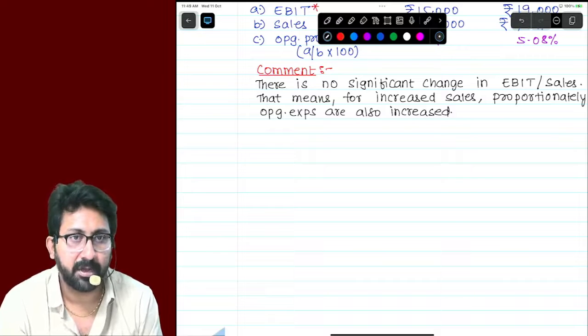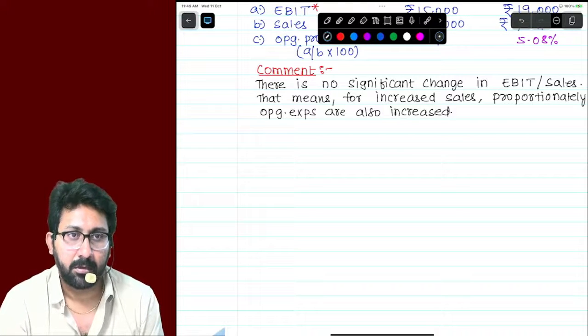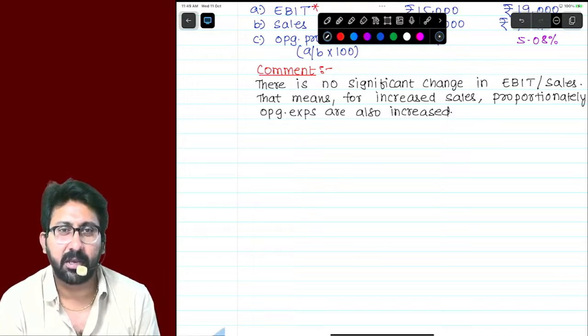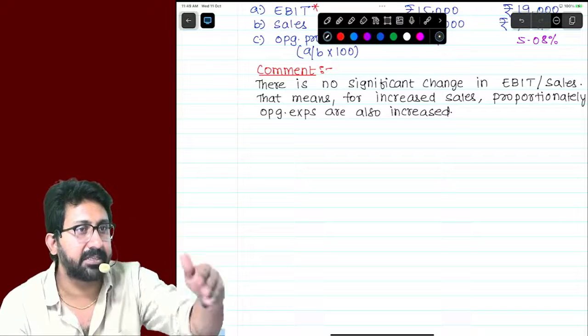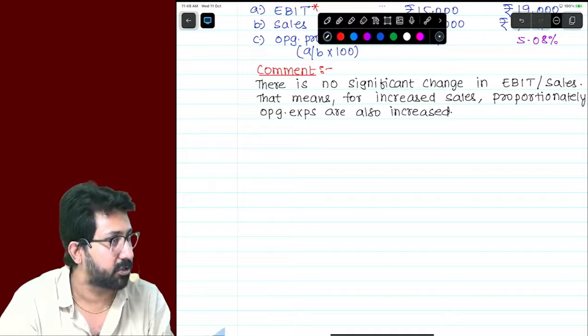Understood why EBIT is almost at the same level? Though there is a small increase, along with that operating expenses also increased. Overall EBIT stands at the same level. Understood the point clearly?